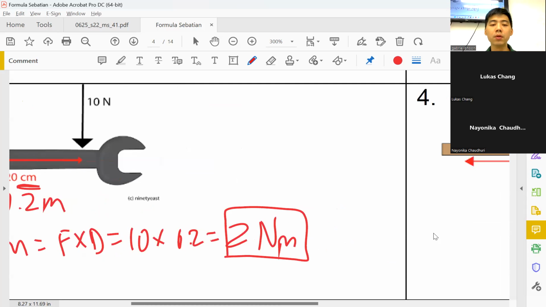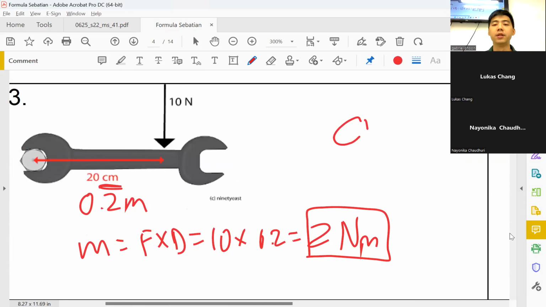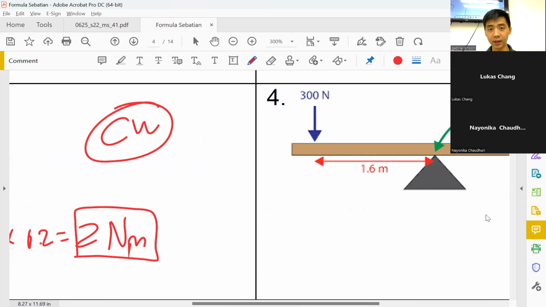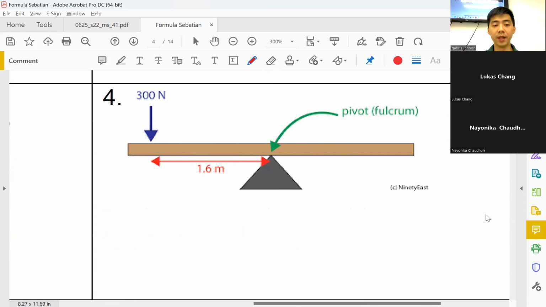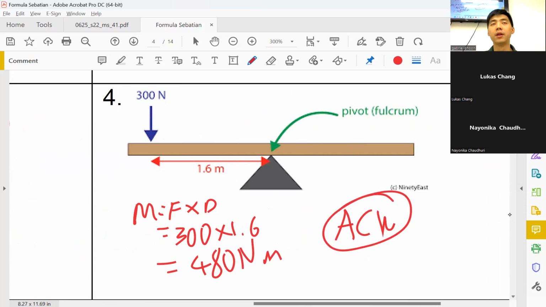Oh, sorry, this is clockwise as well, guys. Then finally, question number 4. Same thing, moment equals force multiplied by distance, which is 300 multiplied by 1.6, which will be 480 Newton meter. This time around it is going to be anti-clockwise.